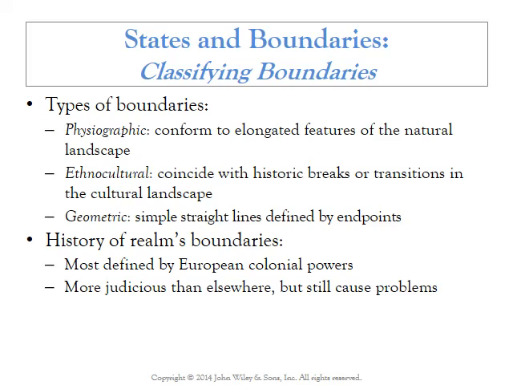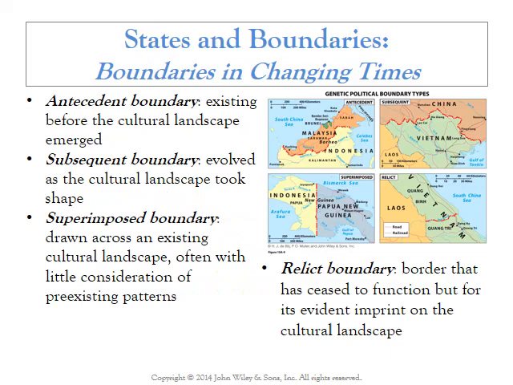Quite often you can have ethnocultural boundaries, where certain groups of people lived in a certain location, and so you can use that as a dividing line. And sometimes they're strictly geometric, where quite often in the case of colonies, just to divvy up the land, it was done very geometrically.